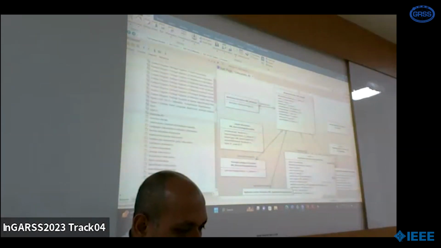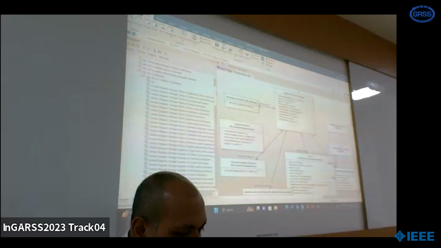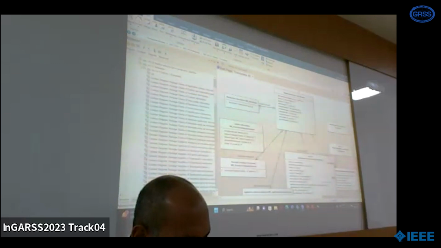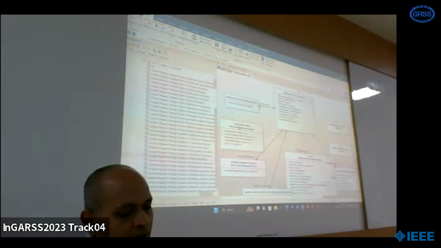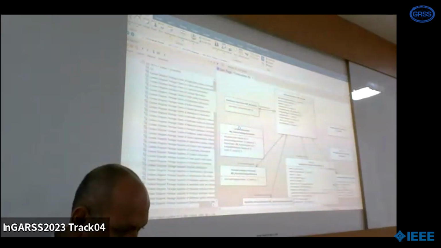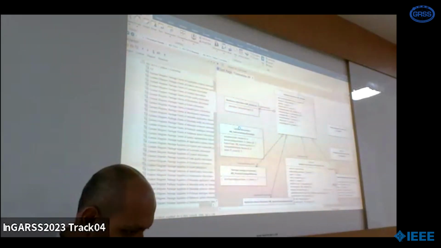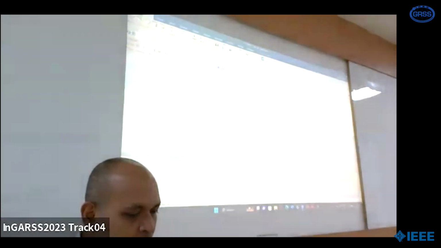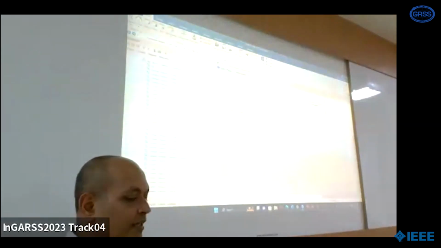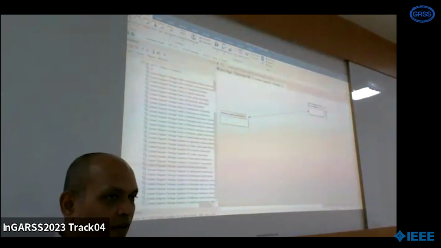What are the attributes of extent, for example? So extent and reference system have a mapping.